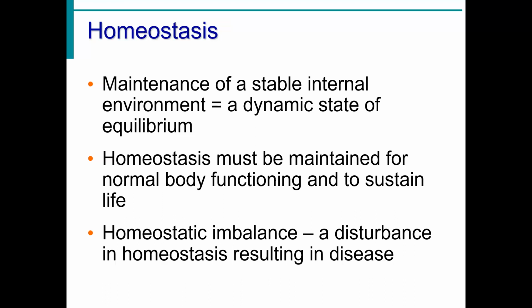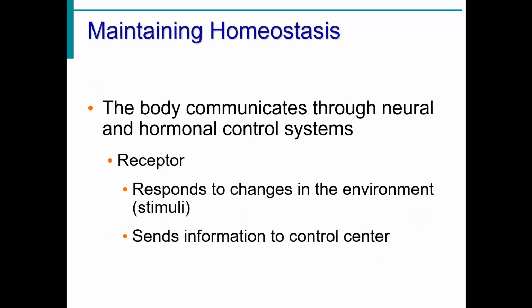Homeostatic imbalance is a disturbance in homeostasis resulting in disease, okay? So when things are off balance, when there's a deficiency, these are what lead to disease, okay? Maintaining homeostasis is basically relying on our bodies to communicate, okay? These different organs and sensors and receptors, cell communication, hormones, okay?